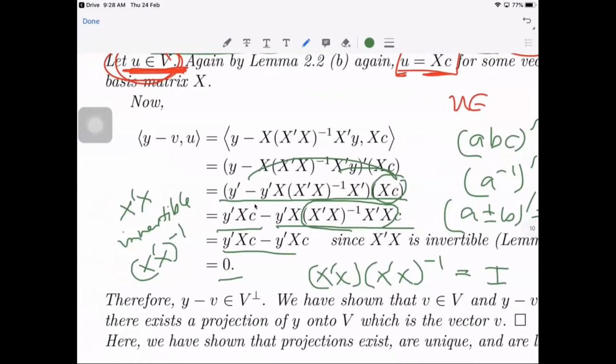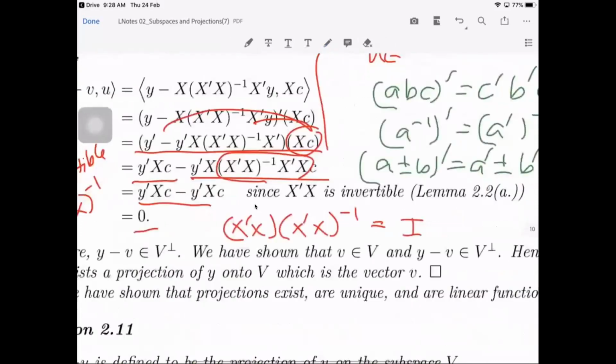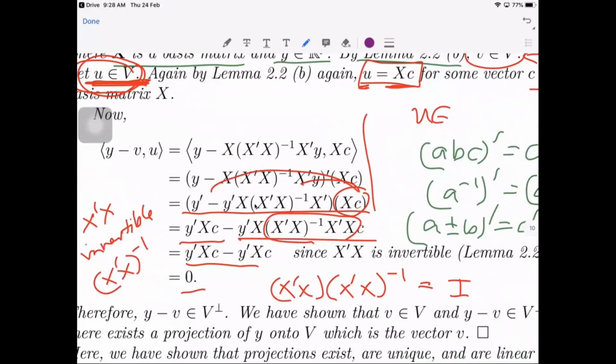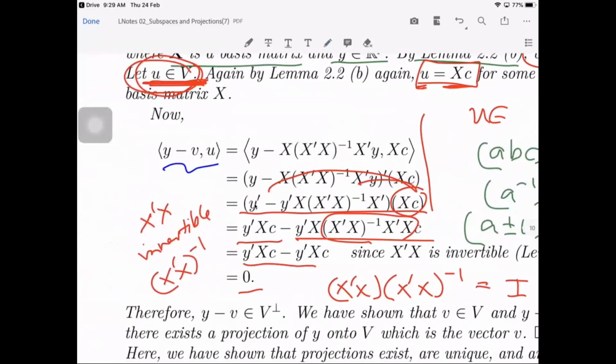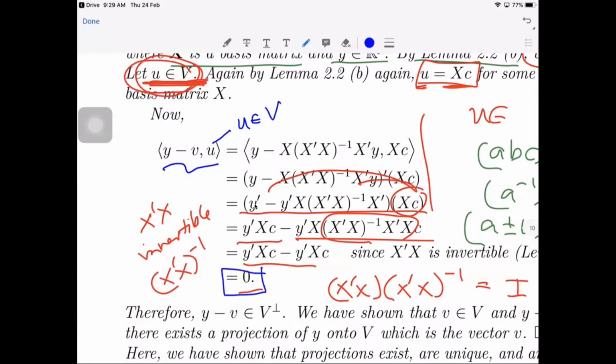When we get the inner product of this, when we got the inner product of that, and we know that U is in B and the inner product is 0, this will imply that U minus B is in B perp.